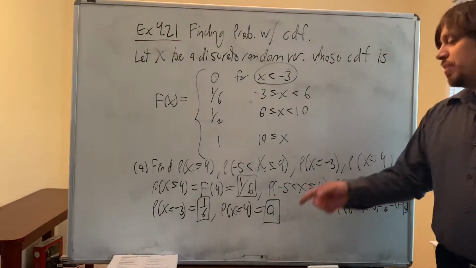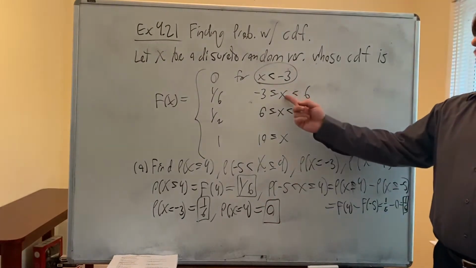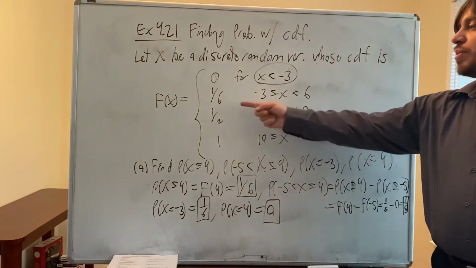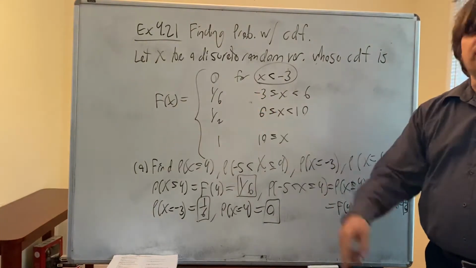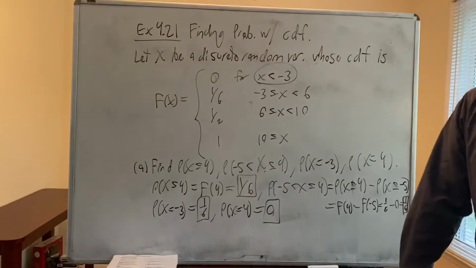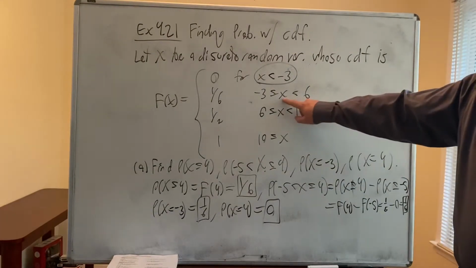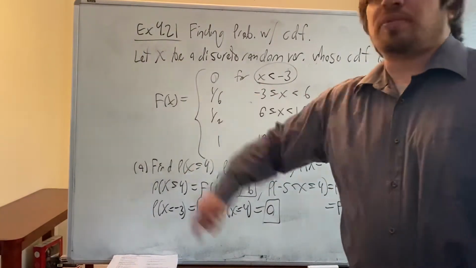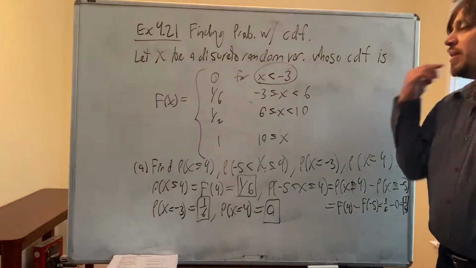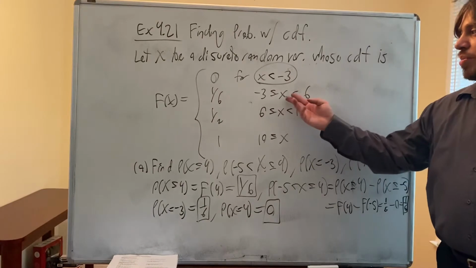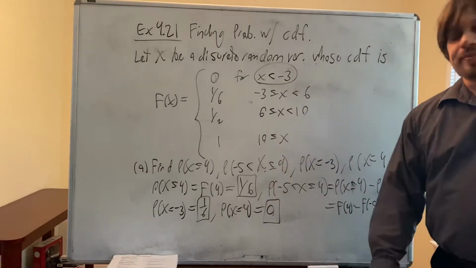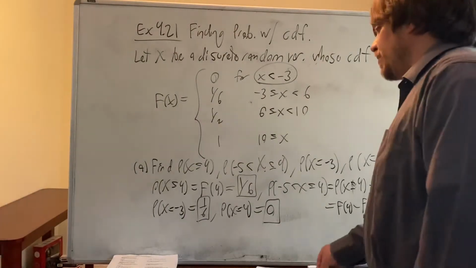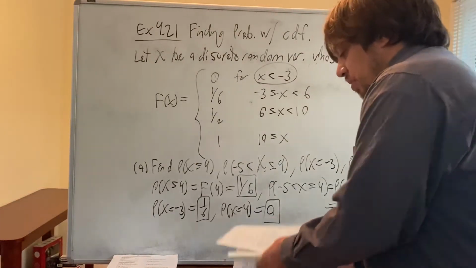If the probability that X equals 4 were some positive number, then adding up these probabilities, it would have to become larger than 1/6. But including the value X equals 4 in this interval does not increase the value of capital F of x, which means that since you're adding up probabilities here, the probability that capital X equals 4 must be 0. Okay? And so that solves part A.